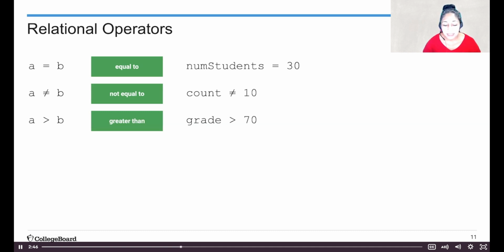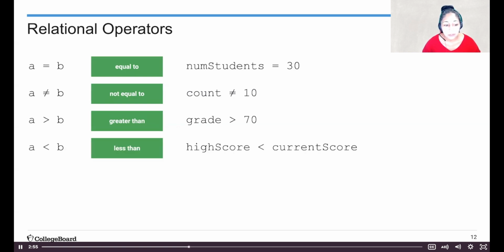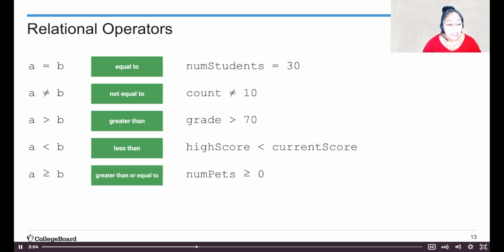I can use the greater than symbol to check whether or not something is greater than the other. So for example, whether or not grade is greater than 70. The less than symbol checks that a value is less than another value, for example, high score is less than current score. I can use the greater than or equal to symbol, which again, depending on the programming language, might be written differently, but it's still checking whether or not one value is greater than or equal to the other.